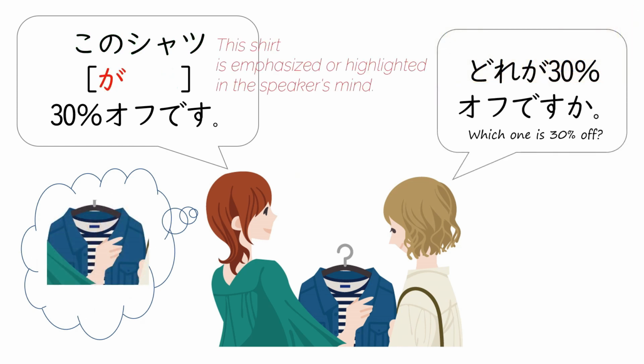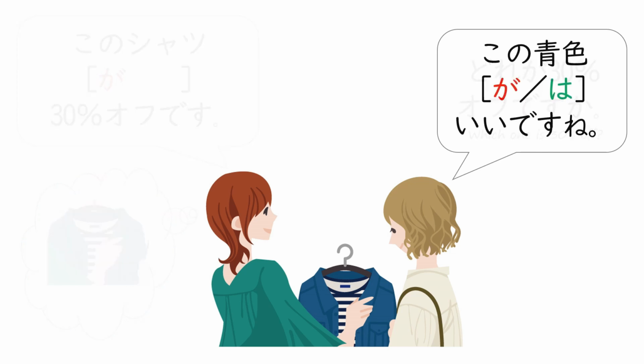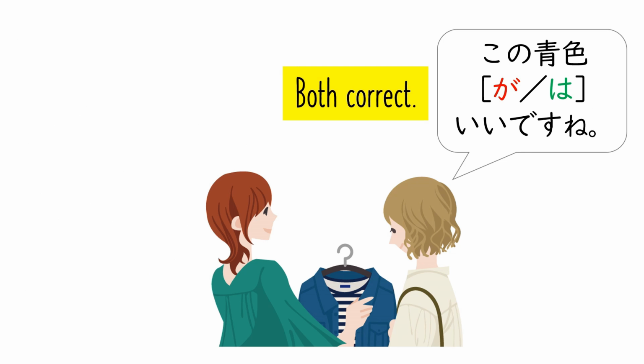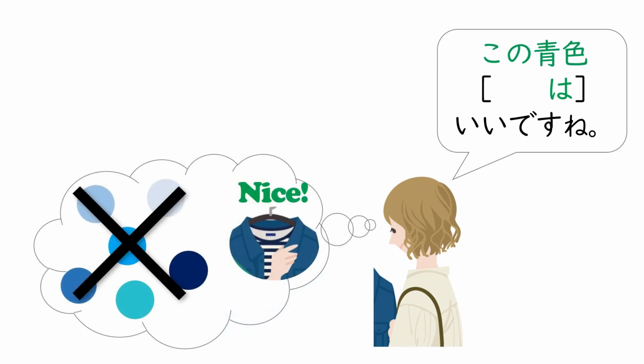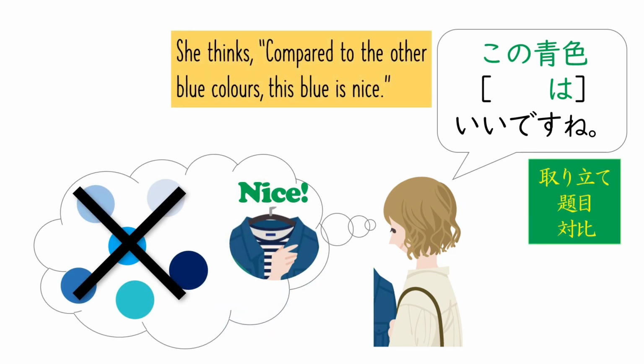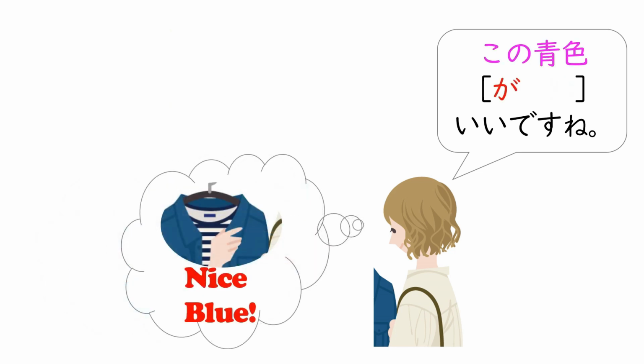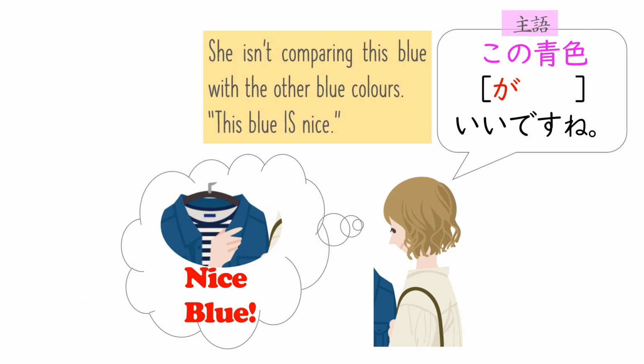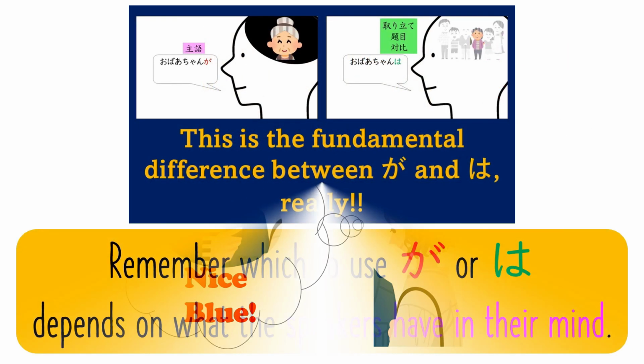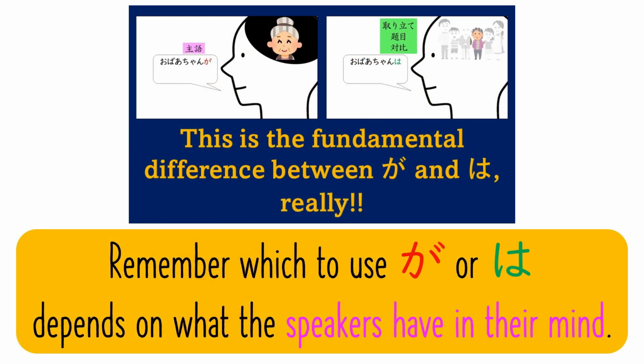She would use ga if the customer asked, どれが30%オフですか？ Both correct. この青色はいいですね。She thinks, compared to the other blue colors, this blue is nice. この青色がいいですね。She isn't comparing this blue with the other blue colors. This blue is nice. Remember, which particle is used depends on what the speakers have in their mind.